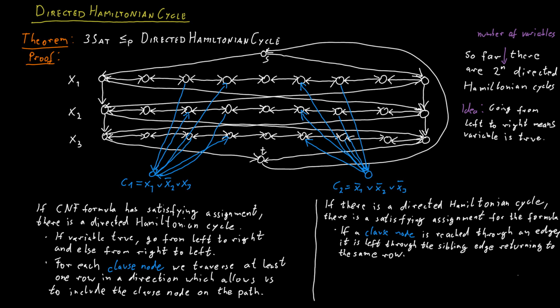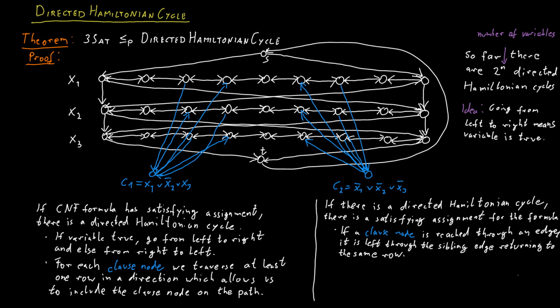For this reason, the node that we visit just before we visit a clause node will be connected to the node that we visit directly after we leave that clause node. There will be a directed edge between them.